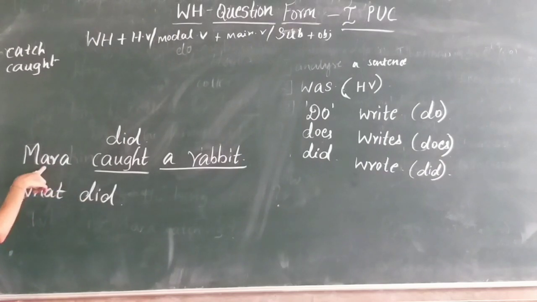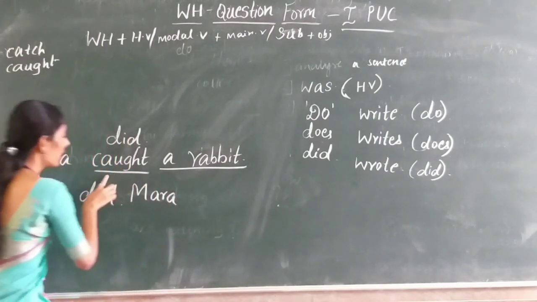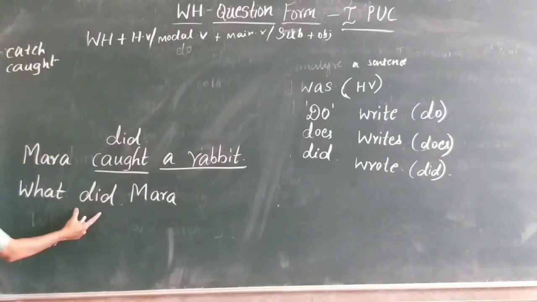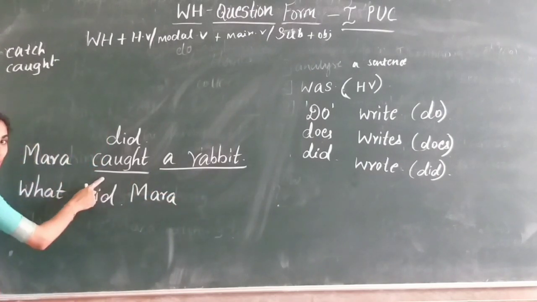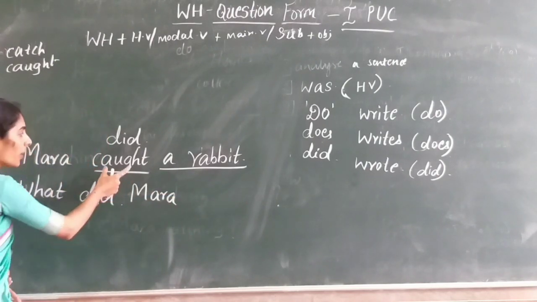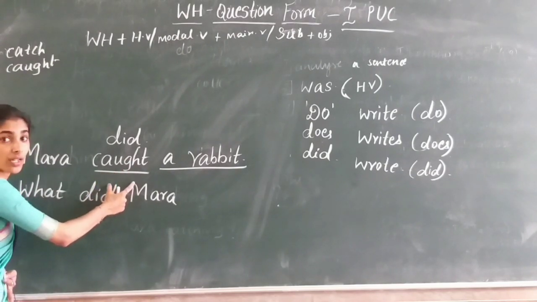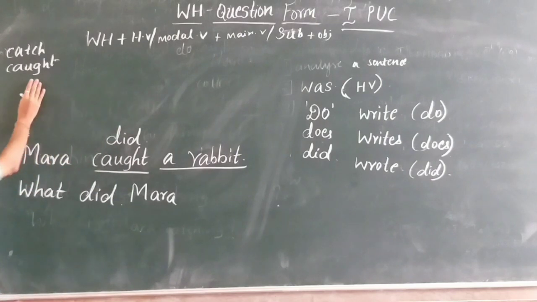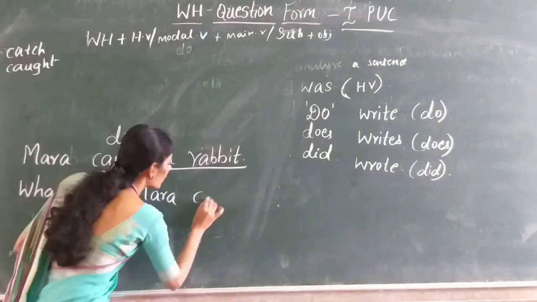Then there should be subject. What did Mara? Then you have already used did here. Again we cannot write the past form of the verb as I said. So now we have to take the present form of this given verb. So which is the present form of caught? Catch. So what did Mara catch?